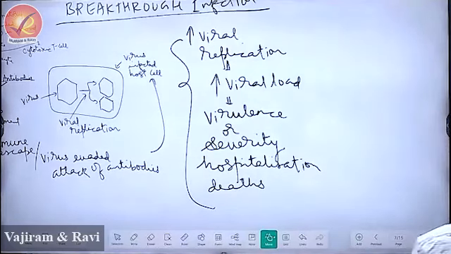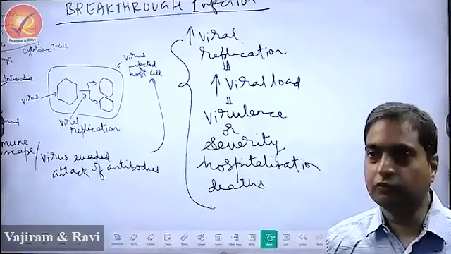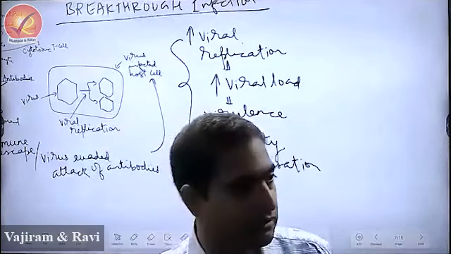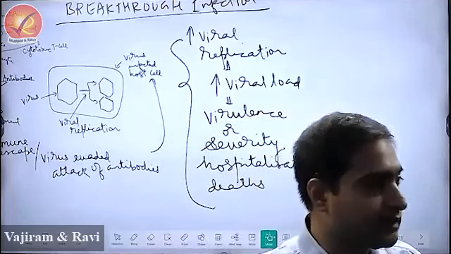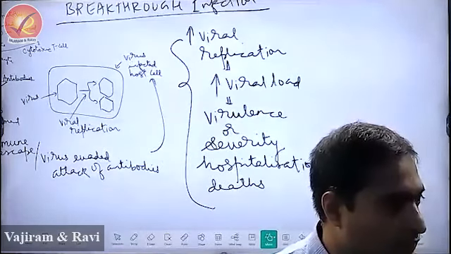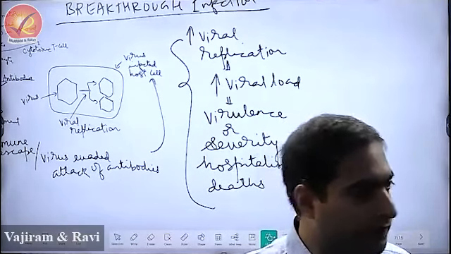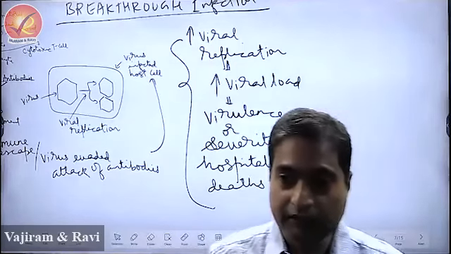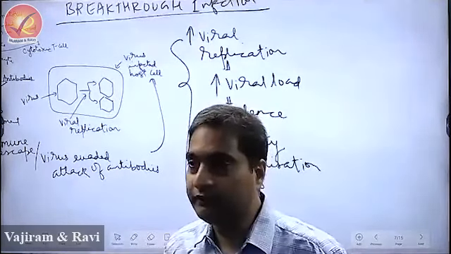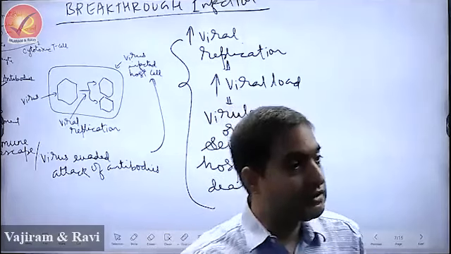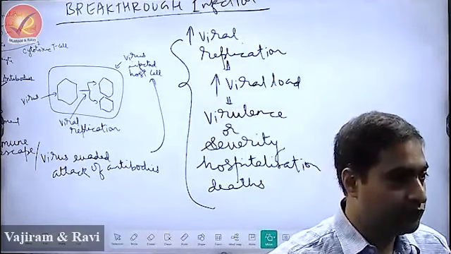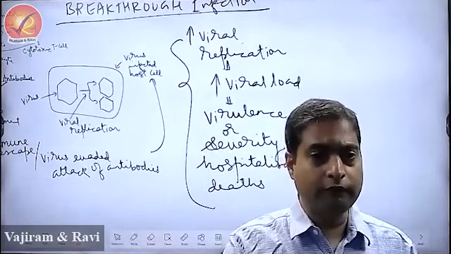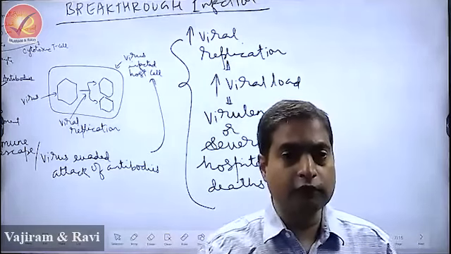Have you got the last sentence? The vaccine's major role is what? To prevent virulence. Virulence means severity of disease. People felt breathlessness, got hospitalized, demanded oxygen therapy, and many people lost their lives. But after vaccination, when people became infected, they were not hospitalized. They were still protected. Which means they may be infected because of what? Breakthrough infection. Changes in the protein of the virus.